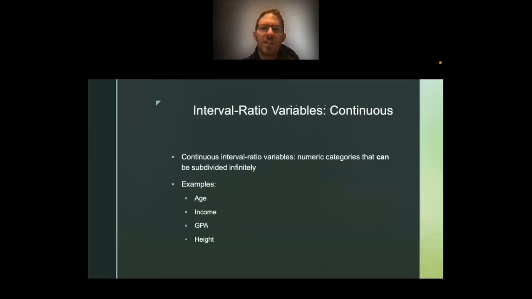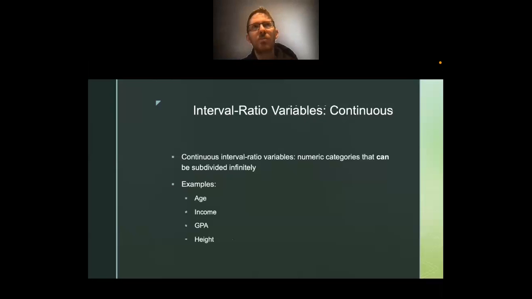The next is continuous variables. These are numeric categories that can be subdivided infinitely. So for age, we can break that down from I am 22 years old to I am actually 21 years old and a half, or I am 21 years old, 532 years old. So it can keep being divided.